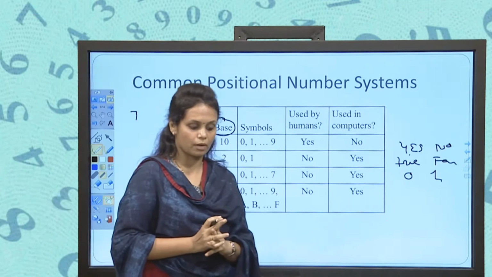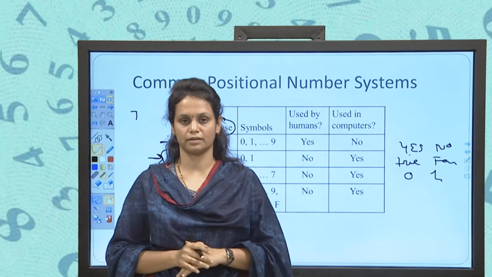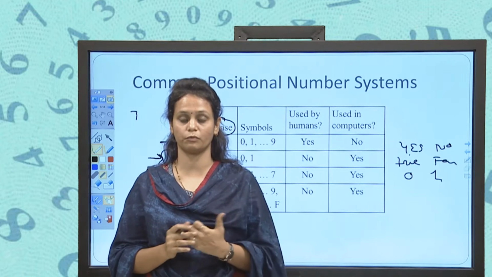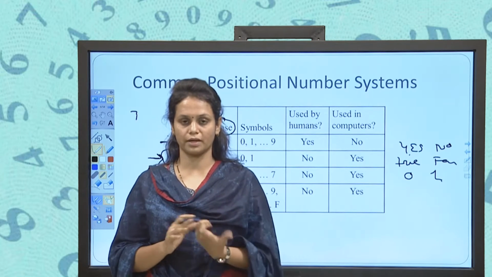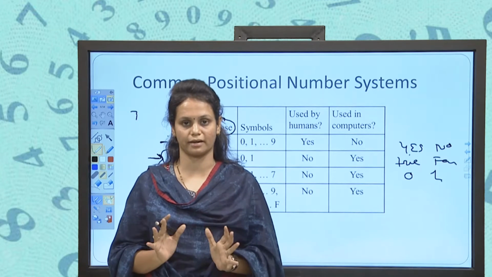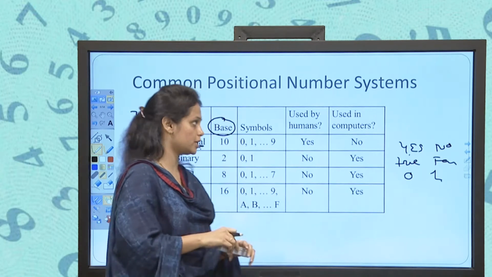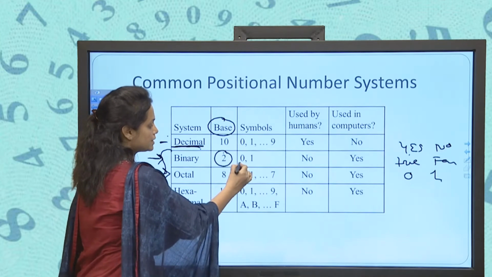Means if the computer gives the number 1, we can interpret the answer is yes. If the number is 0, we can interpret the answer is false or incorrect, fine.